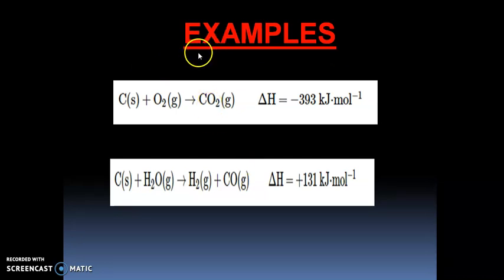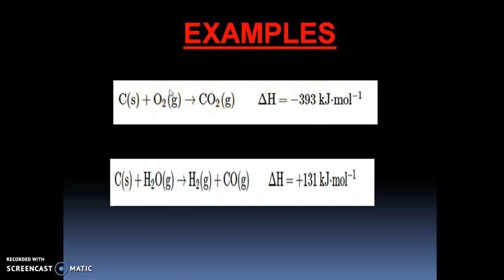Okay, here are some examples of reactions in which we can see the value of delta H with specific signs. Consider the first example in which delta H is negative. Delta H negative shows the reaction releases heat energy. Whenever we see a delta H value, the value doesn't matter, only the sign shows whether the reaction is exo or endothermic in nature.